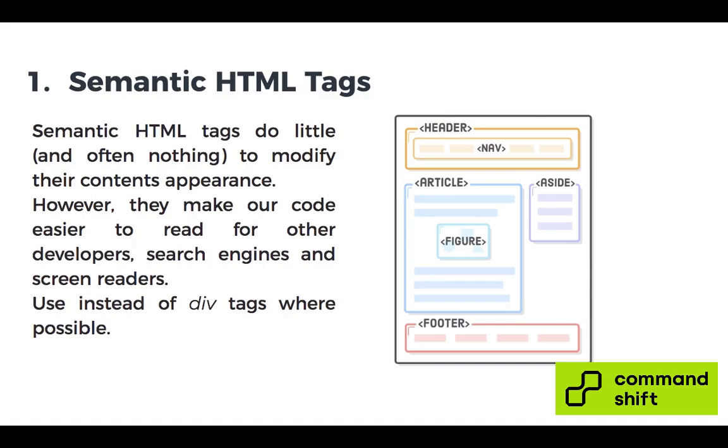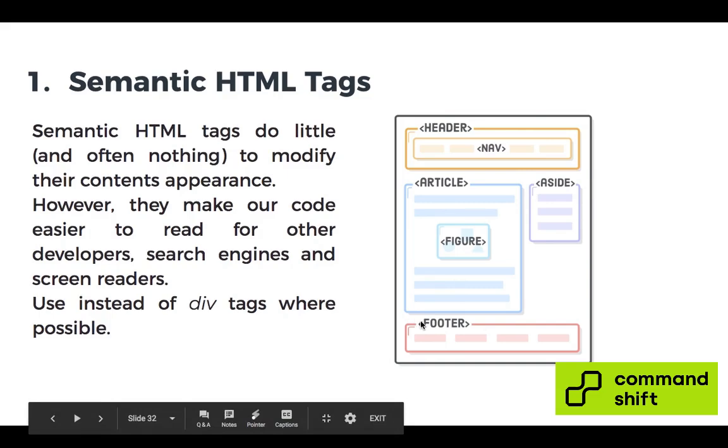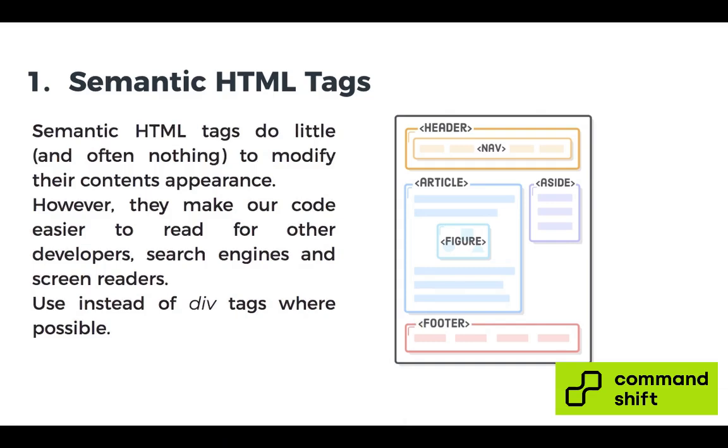So instead of putting divs everywhere, you might say, oh, this is a header, or this bit is navigation, and maybe the main content is an article. You might say, oh, we have a site menu. You might use the aside element type, and you might have a footer.